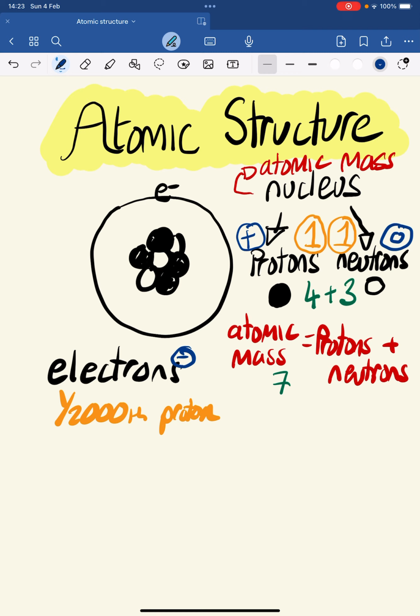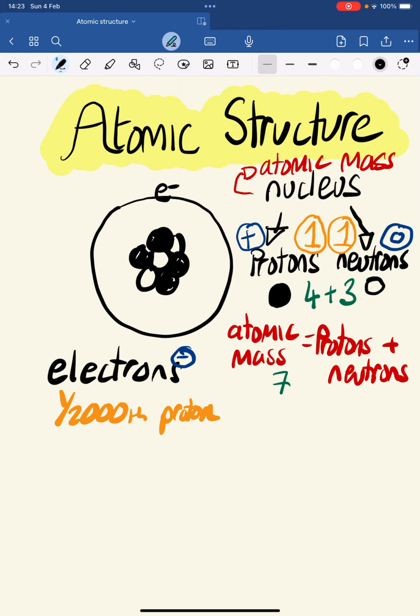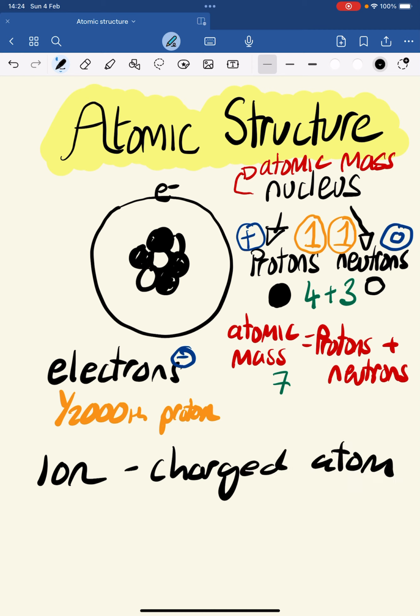Now we build up one step further of this, and we can have something that's called an ion. And this is really important in both physics and chemistry. Now an ion is a charged atom. And so in that case, it's either lost or gained an electron.